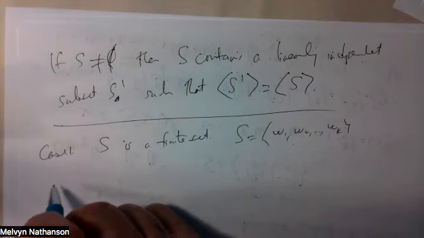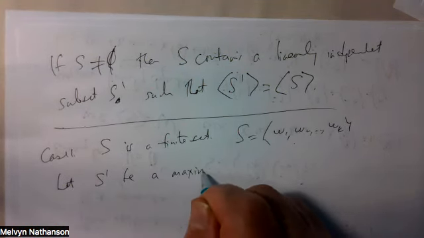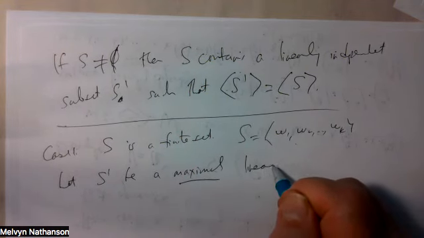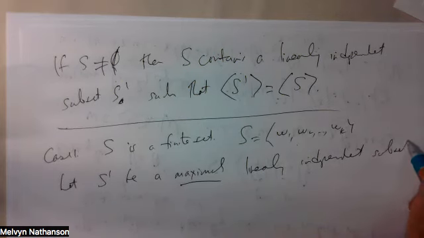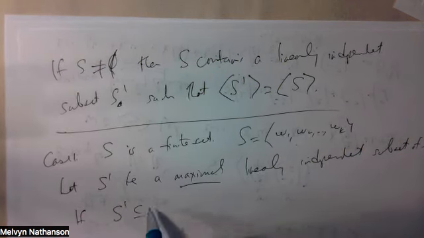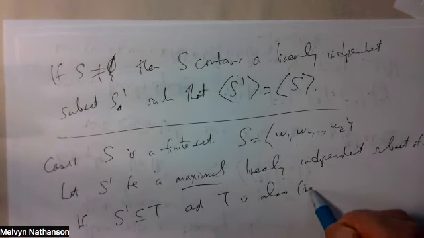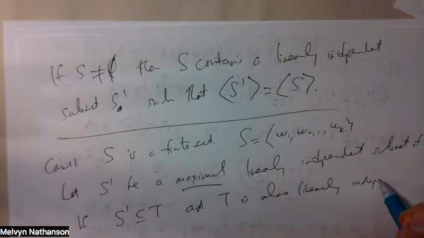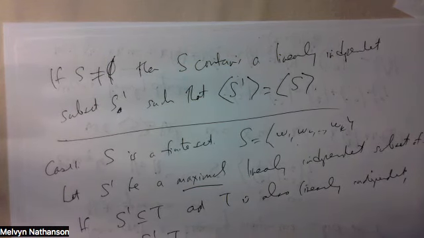independent. So suppose we let S prime be a maximal linearly independent subset of S. That means that if S prime is contained in T, and T is also linearly independent, then in fact S prime equals T. There's no bigger set contained in S that's linearly independent, bigger than S prime.